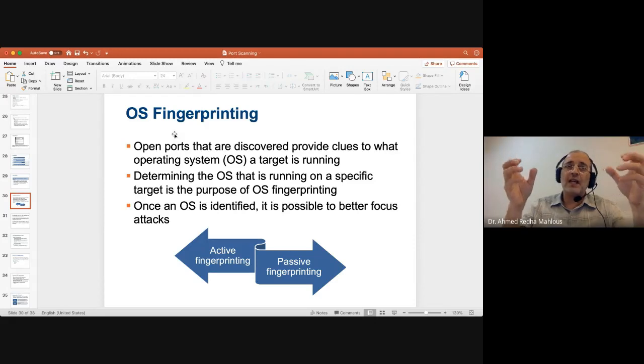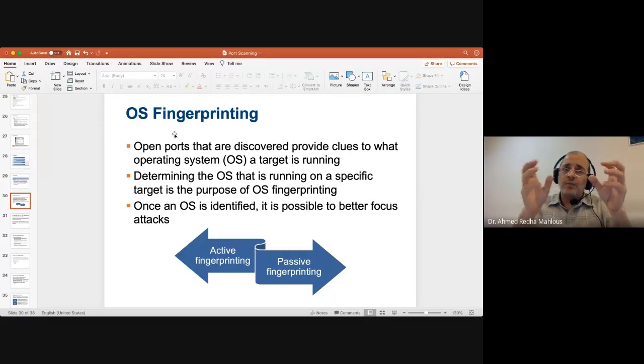It cannot tell you that this is exactly, 100%, the operating system running on the target machine, but it can give you a clue. Based on the responses the tool got, it can say these are the probable operating systems running on that target machine.